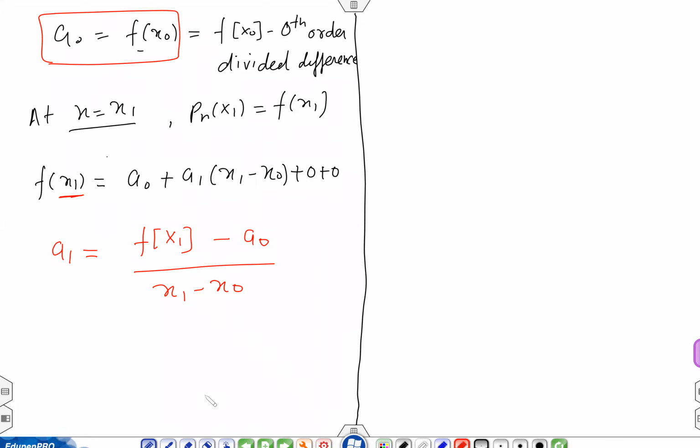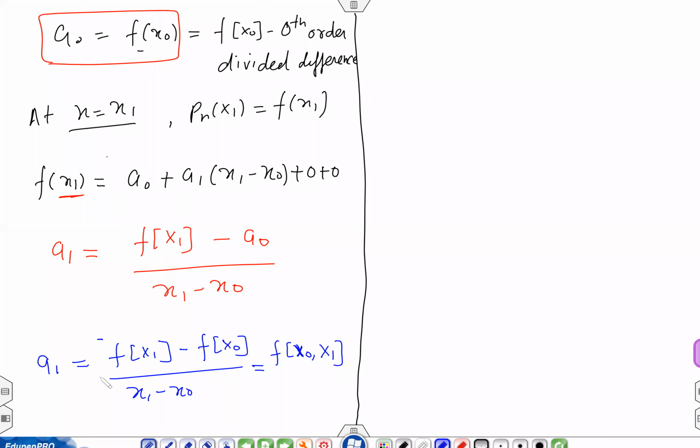So the value of a1 is f(x1) minus f(x0) upon x1 minus x0. This thing we are representing in a closed form as f[x0, x1].